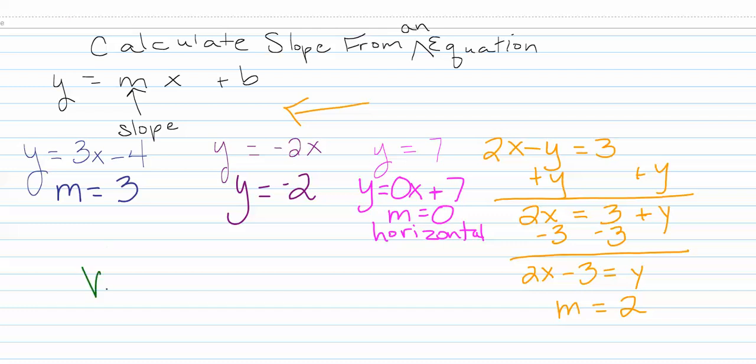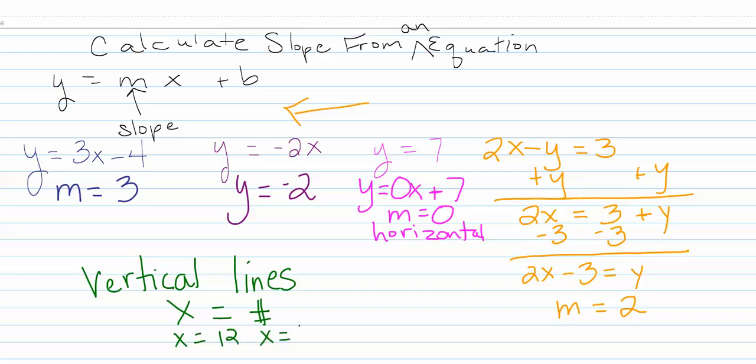Because their slopes are undefined, they have their own little form all by themselves, and they would be the form x equals some number. So it could be x equals 12. It could be x equals 3. It could be x equals 7. But anytime you're asked to graph a line on a coordinate plane and all you have is the letter x, you can be guaranteed that that's going to create a vertical line. And we'll talk more about graphing those kinds of lines in a later video.